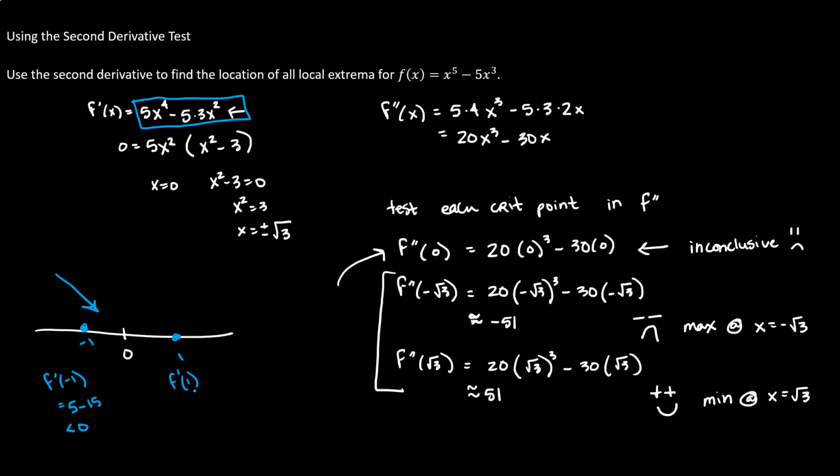And when we plug +1 in, it's identical. We have 5 minus 15 again, which is still less than 0, so our function is decreasing again. So the second derivative test gave us back inconclusive, and this will always happen in the case of a kind of fake out critical point. This is not a max or a min at 0 because the function is decreasing on both sides of 0.